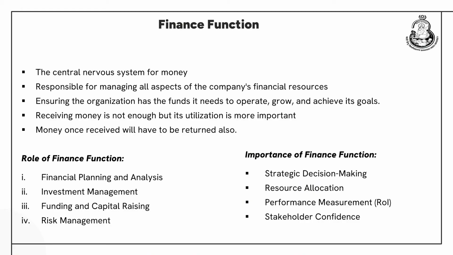If a company issues shares, if a company issues debentures, they are bound to pay interest, they are bound to pay dividends to the shareholders. So it has to be returned also, and you can return only when you take quality decisions and grow that money.